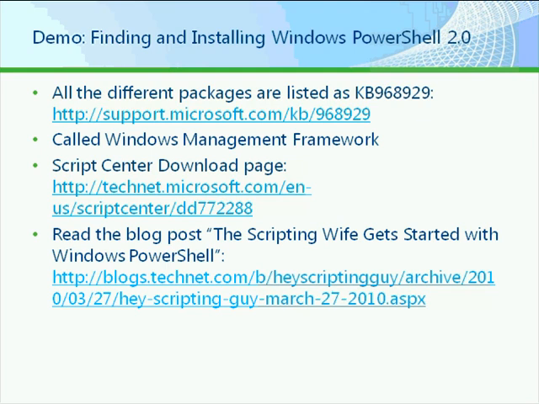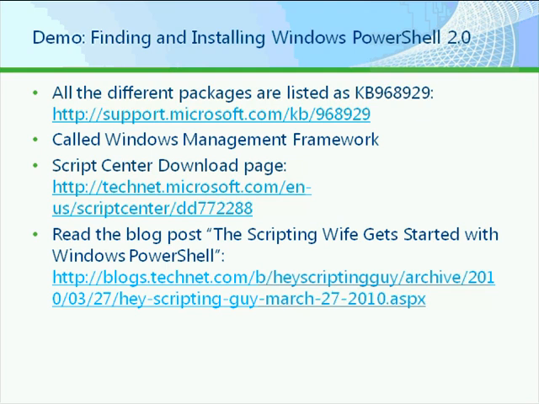Okay, so this is the package that you might want to download if you want to do the manual install of PowerShell. It's listed as KB968929, and if you go to this link, the web page is kind of busy, to say the least.